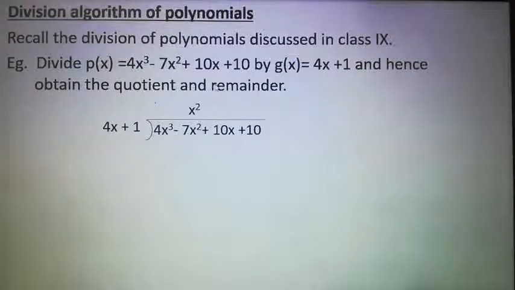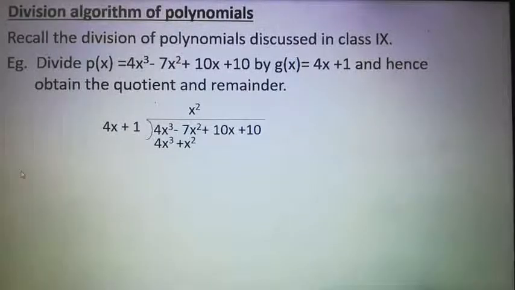Now after getting the quotient, you have to multiply this x squared with 4x plus 1. Remember, when you multiply a binomial with a monomial, you have to multiply each term of the binomial. So x squared into 4x is 4x cubed, plus x squared into 1, that is x squared.